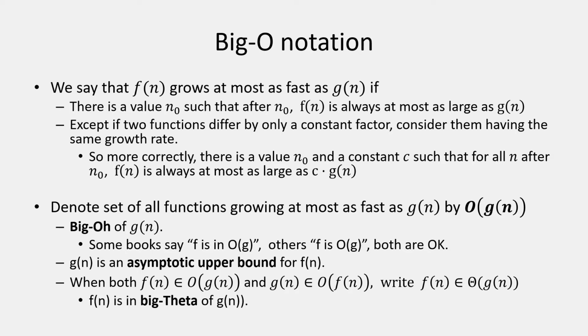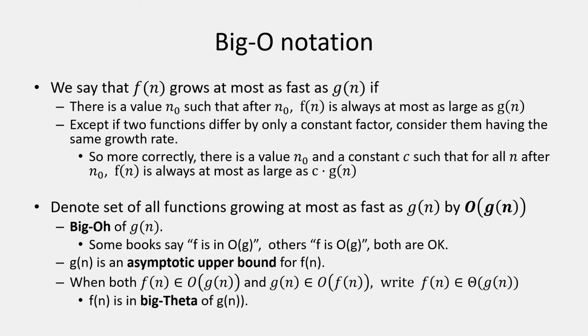And we say that g is the upper bound for f, because if you look at it in a graph, eventually g becomes above f, an asymptotic upper bound, because it becomes above f as n goes to infinity.